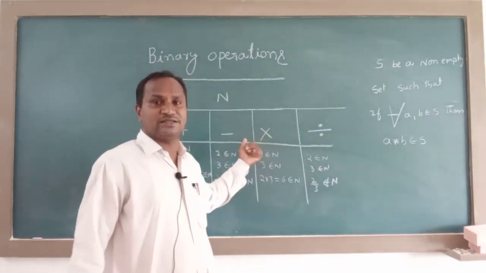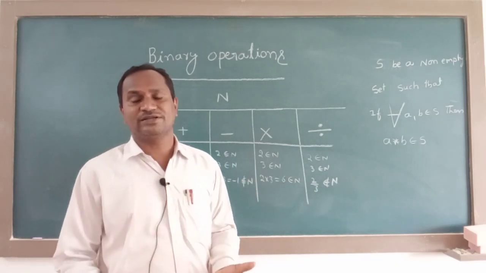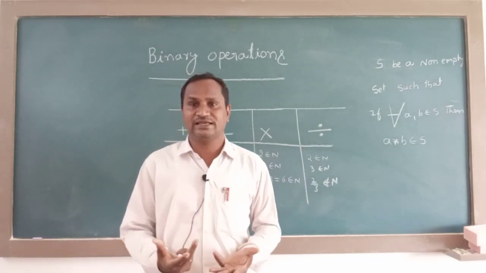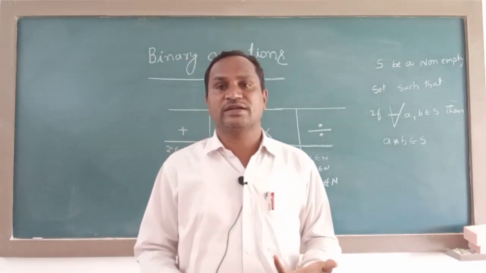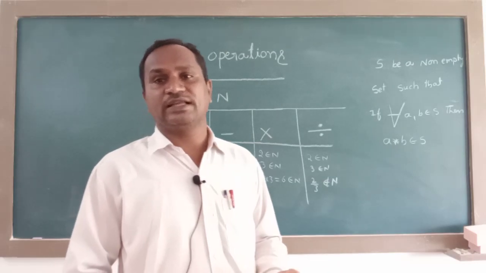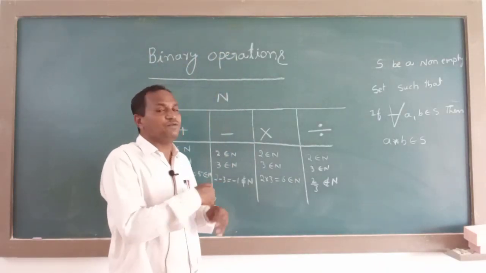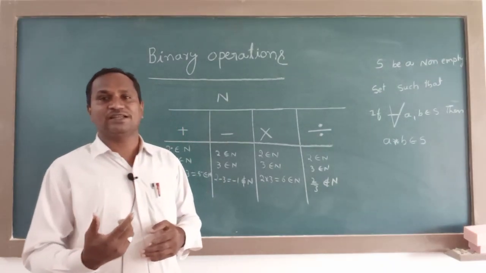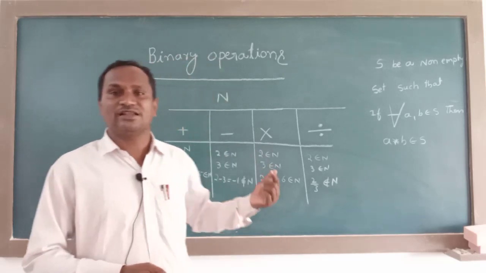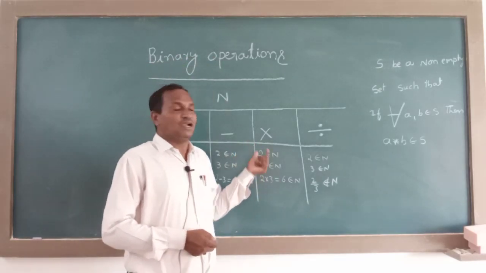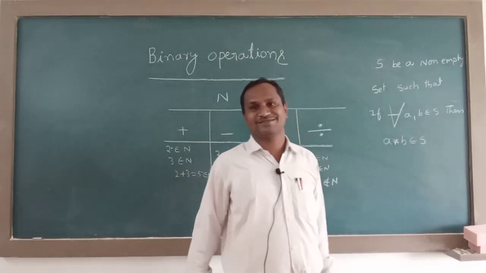But by showing this set of all natural numbers, how we are taking the elements, how we are taking the numbers according to addition, subtraction, multiplication and division, like that, if we move through the numbers, we can easily analyze what a binary operation is. Because of that, firstly I showed the set of all natural numbers, and afterwards based on that I gave the definition of binary operations.